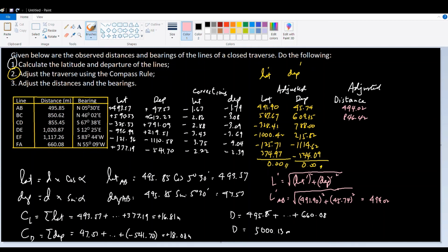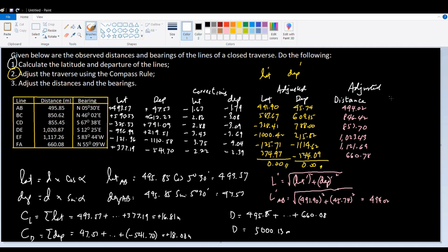Then line CD is the square root of negative 328.41 squared plus 788 squared, which should give us 853.73. Then we do that for the 3 remaining lines, and we should be getting the values of 1,023.43, 1,121.69, and 660.78.